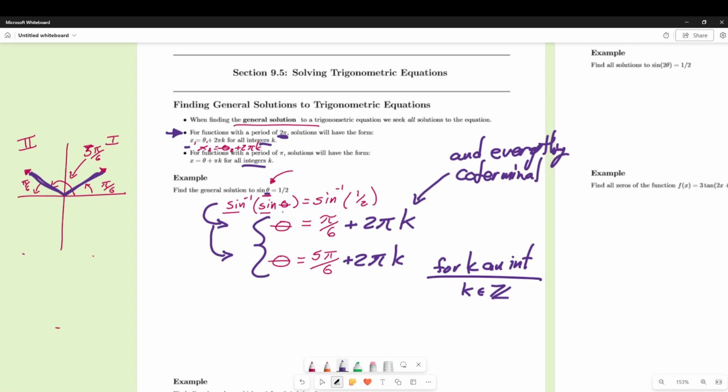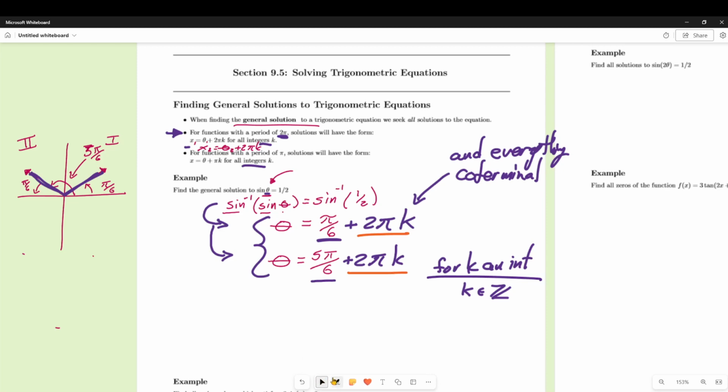And that's what solution means. A solution is a value for the variable or variables that make the statement true. So even though the sine inverse can only give us one of those values, we have to use our solving techniques to create not only the other answer in the first rotation, but also every other possible coterminal.